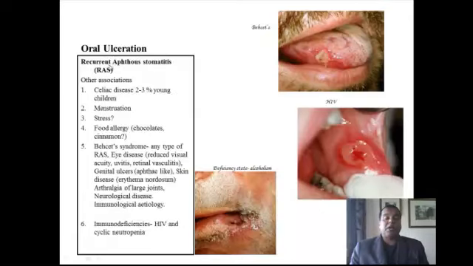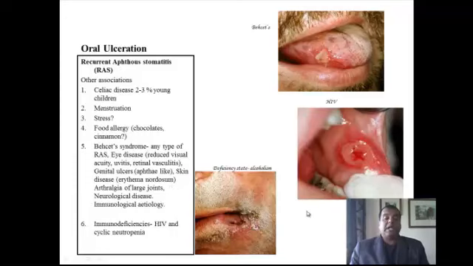Recurrent aphthous dermatitis may be associated with other diseases such as celiac disease, menstruation, query, stress, food allergy, especially chocolates and cinnamon, Behçet syndrome, and that can be any type of RAS that's involved, eye disease, reduced visual acuity, uveitis, retinal vasculitis, genital ulcers, which are also aphthous-like, skin disease such as erythema nodosum, arthralgia of joints, neurological disease, and immunological etiology.